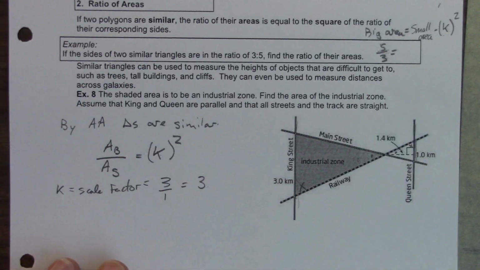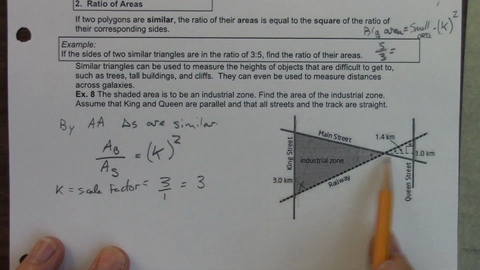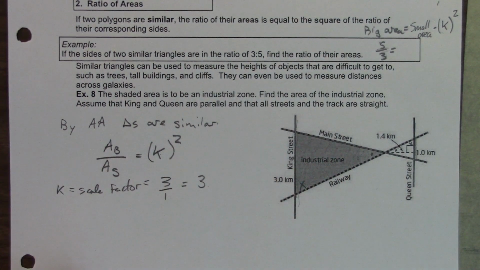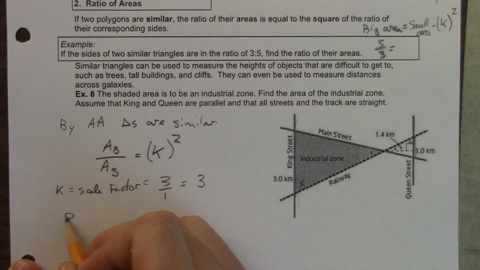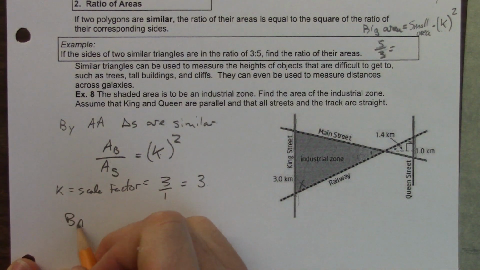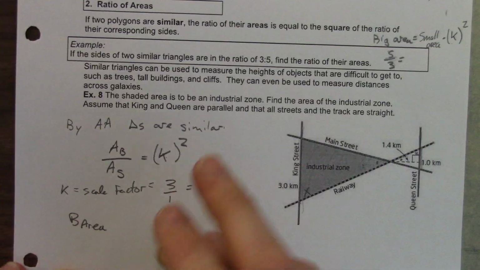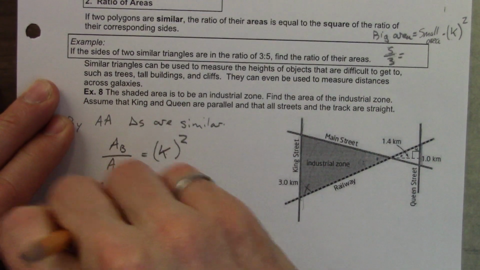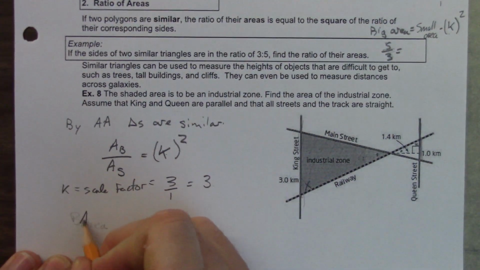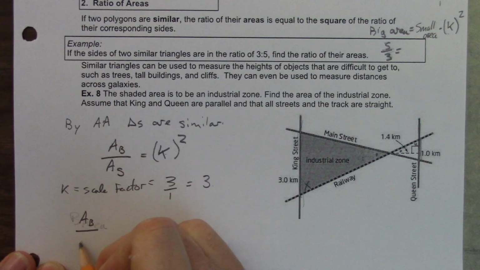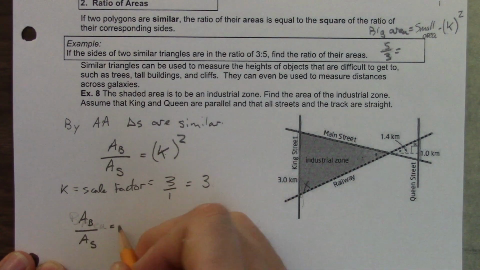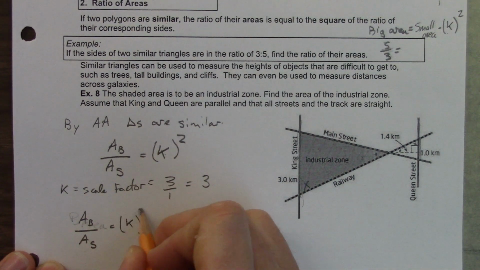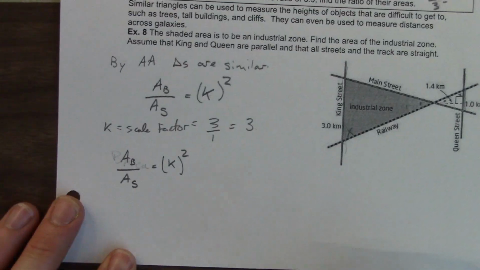Okay. We also know that in this particular case, if we wanted to get area, our big area, let's do it the way I wrote it out. I wrote the area of our big triangle over the area of the small triangle is equal to the scale factor squared.